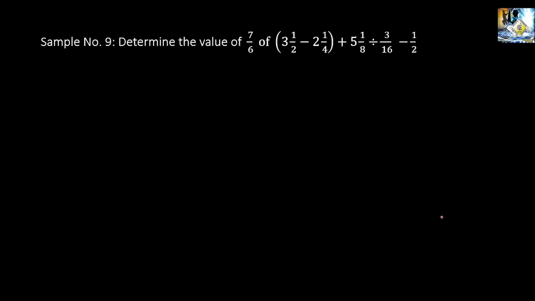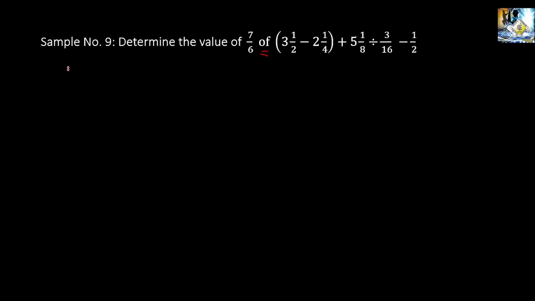Okay, for our last example, for the fraction, it's actually the same process, just follow the order of precedence, the BODMAS. We are asked to determine the value of 7 over 6 of the quantity of 3 and 1/2 minus 2 and 1/4 plus 5 1/8 divided by 3 over 16 minus 1/2.